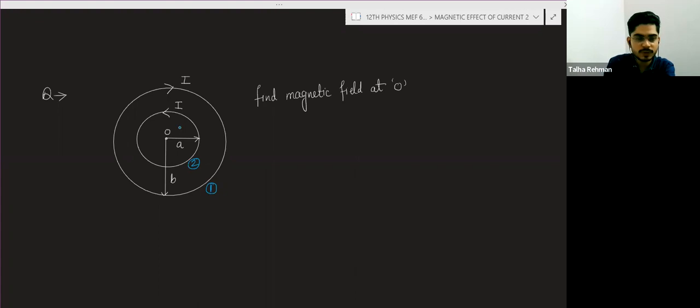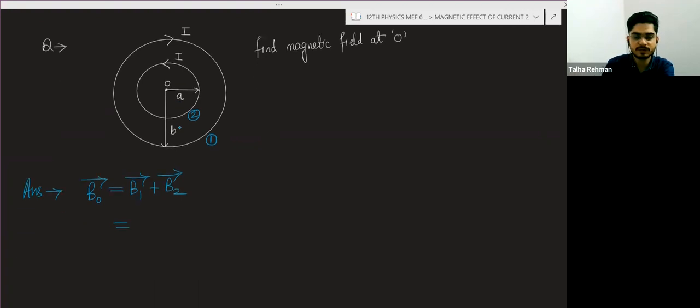So what you will do simply again, you will write the magnetic field at this point O is equal to B1 plus B2. Now we will calculate B1 directly. What will be the formula? Mu naught I divided by 2R, oh sorry, 4R. This is the formula for the circular coil.